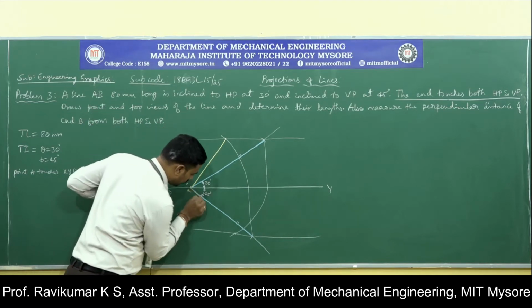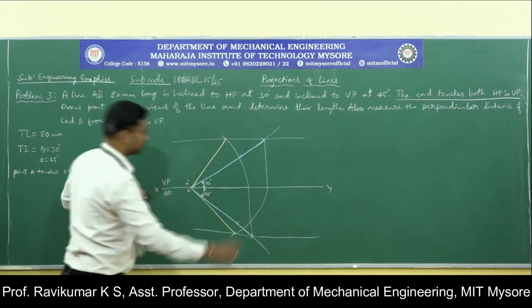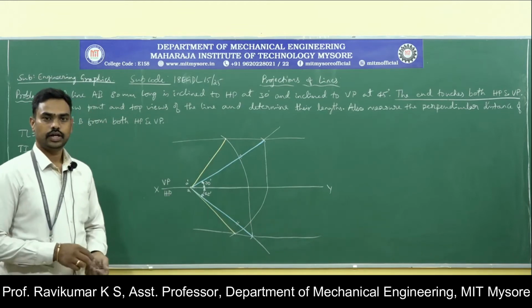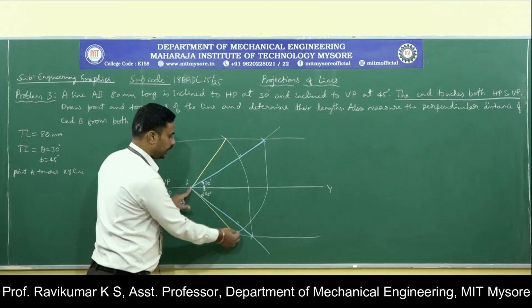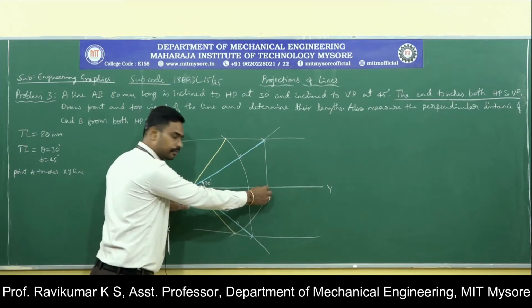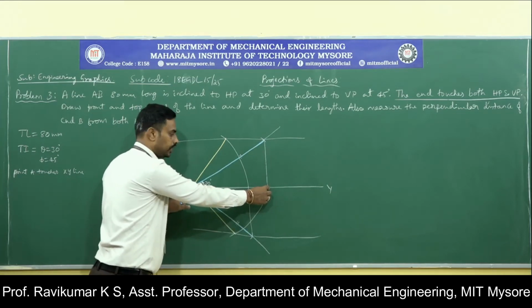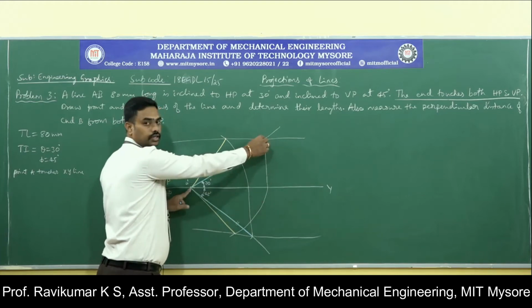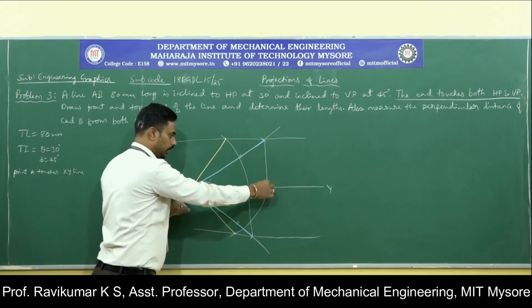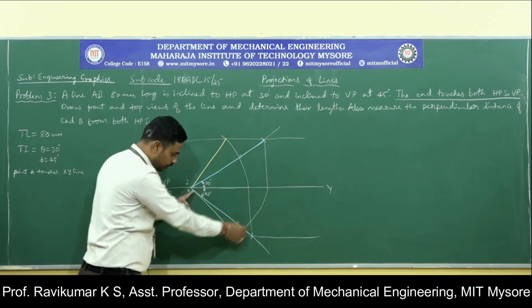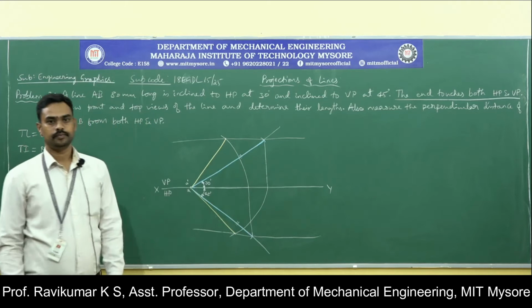Join these two, you will get the apparent length. The concept remains the same. If it is an apparent length, rotate it until it appears parallel to the xy line, then project it to get the true length. If it is a true length, project it until it appears parallel, then rotate it to get the apparent length.